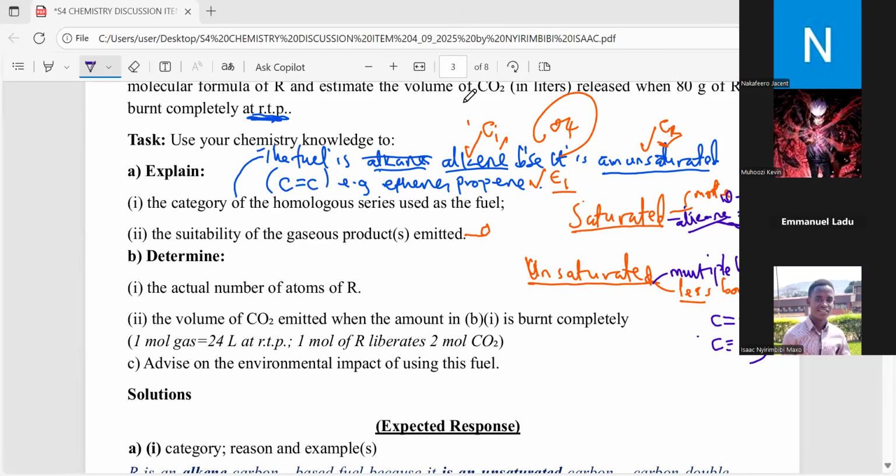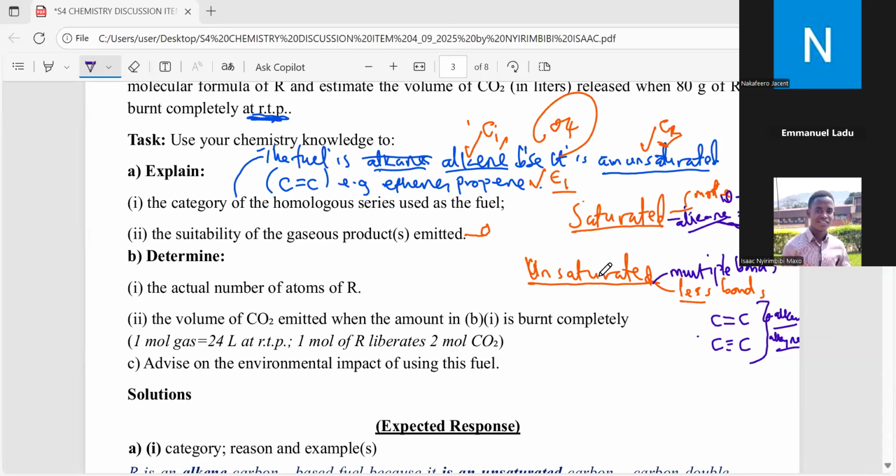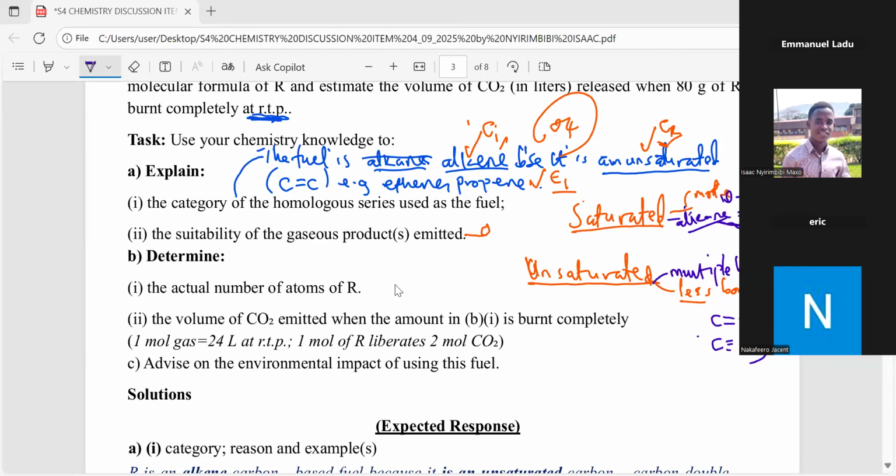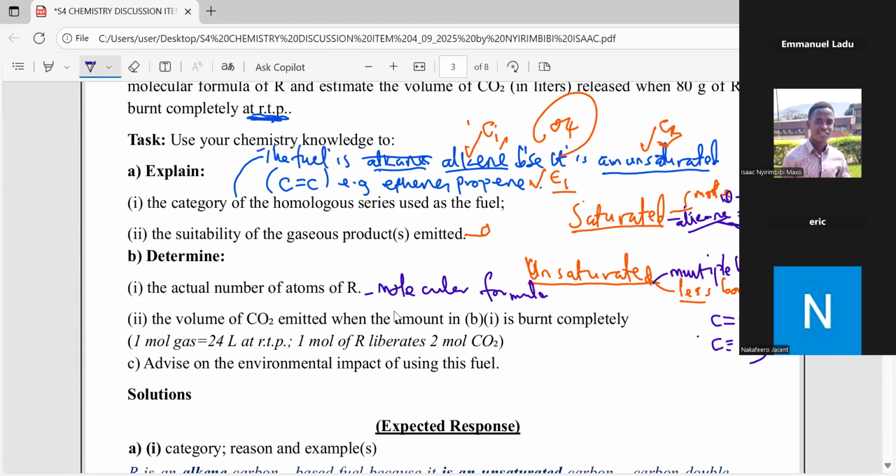Yeah, so sometimes this question disturbs learners and you find they are putting empirical formula. Yet, when they talk about actual number of atoms, there they want us to talk about the molecular formula. The molecular formula is the one which shows the actual number of atoms which are present.